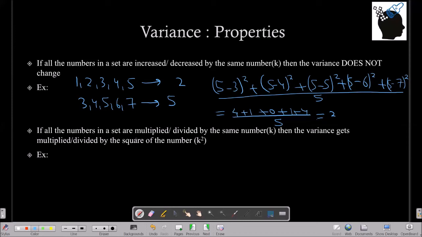Now let's see what happens when we multiply or divide by the same number. Let's multiply by 2 to get the set 2, 4, 6, 8, 10. That means the mean is 6. Now we are going to do the calculation for variance. So let me quickly go ahead and do that.